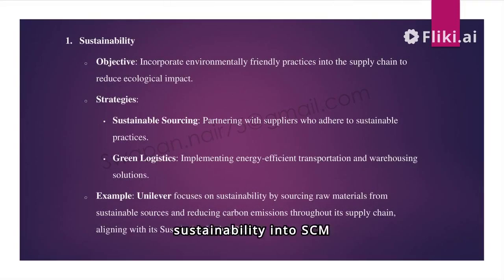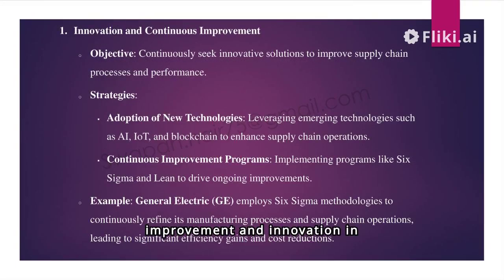Incorporating sustainability into SCM reduces ecological impact, with Unilever's focus on sustainable sourcing and carbon footprint reduction setting a strong example. Continuous improvement and innovation in SCM involve adopting new technologies and methodologies, as shown by GE's use of Six Sigma for process refinement and efficiency gains.